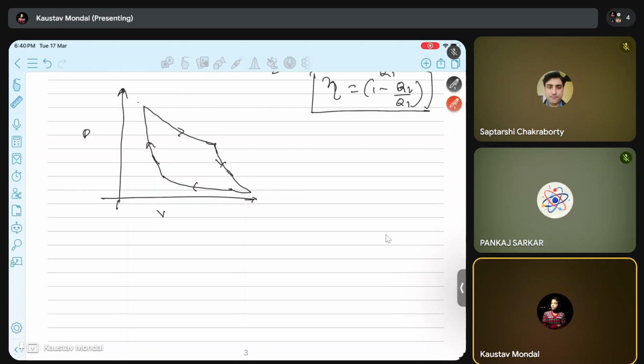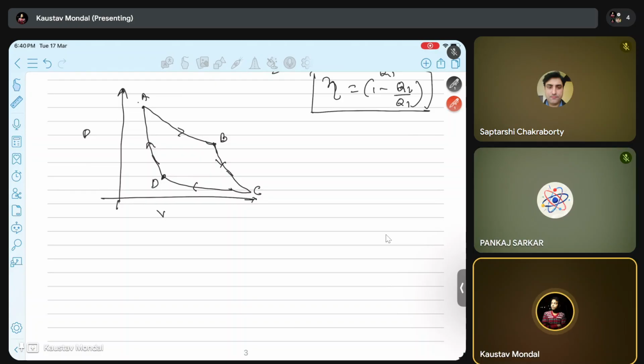From the slope of the curve, you can easily identify what kind of processes these are. There are AB, BC, CD, and DA. As you can see, for the BC and AD processes, the curves are a bit steeper.